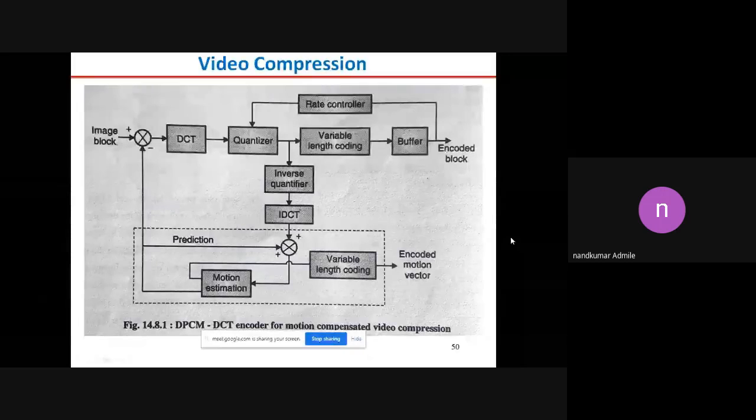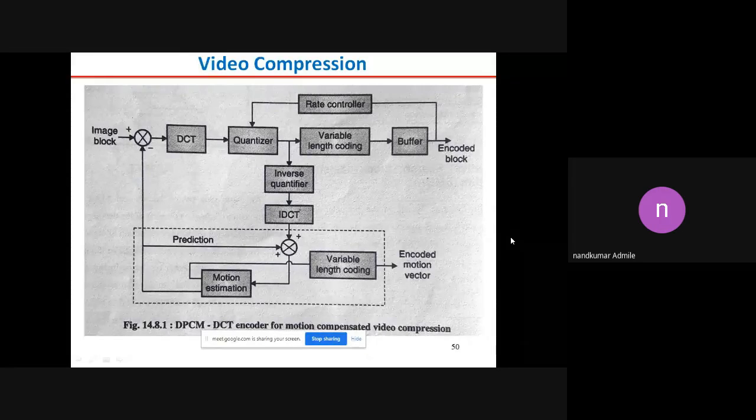It is also used for video compression techniques, so in both image and video compression we can find applications of the discrete cosine transform.